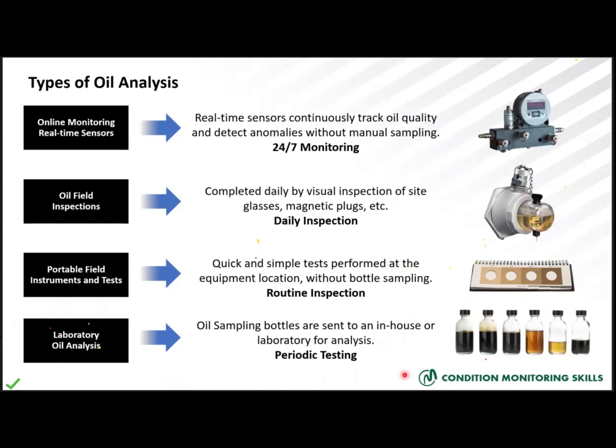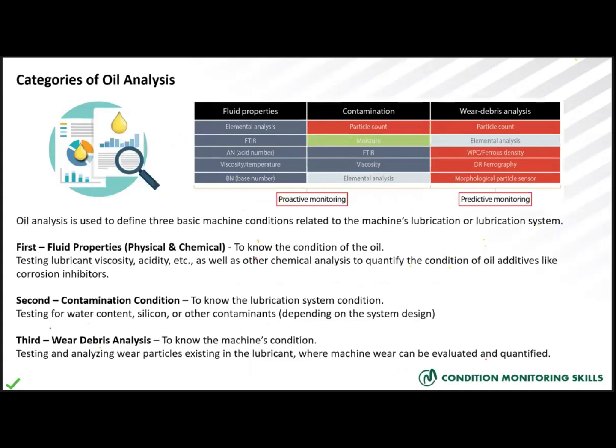Each of those methods has its own advantage and is used based on the criticality of the equipment. Usually, integrating those methods is good and ensures a comprehensive lubrication health monitoring program.